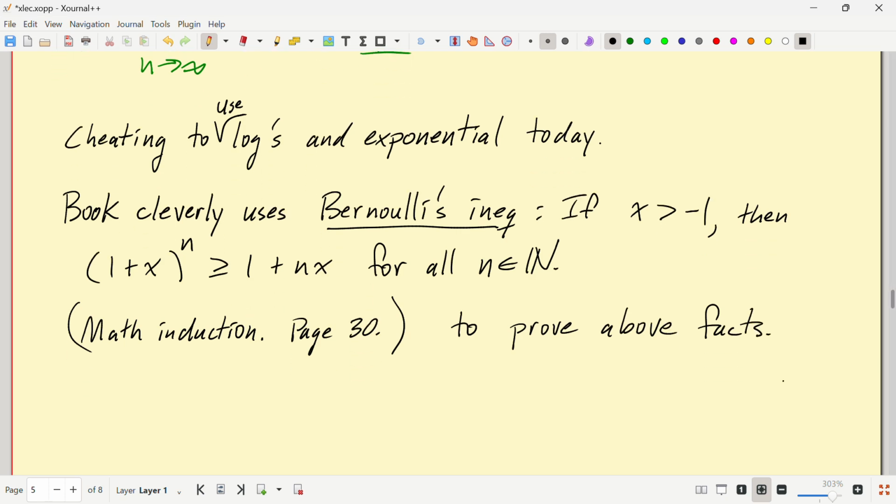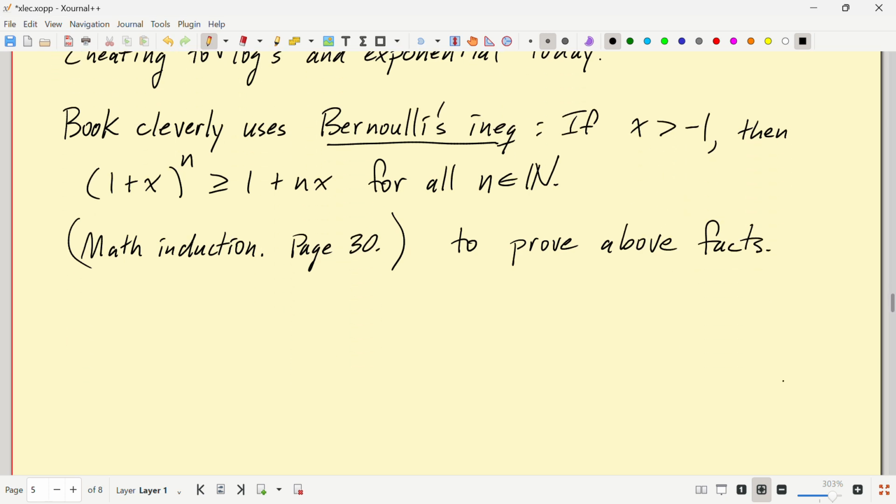But let's think about cheating. I'd rather cheat. Let's cheat. Oh, I'm going to take, what is n to the 1 over n? N to the 1 over n is e to the log of n to the 1 over n. And that's e to the 1 over n log n.